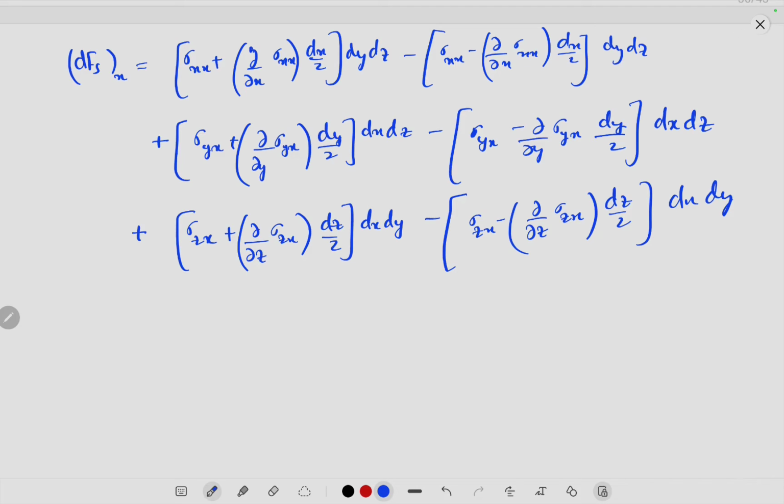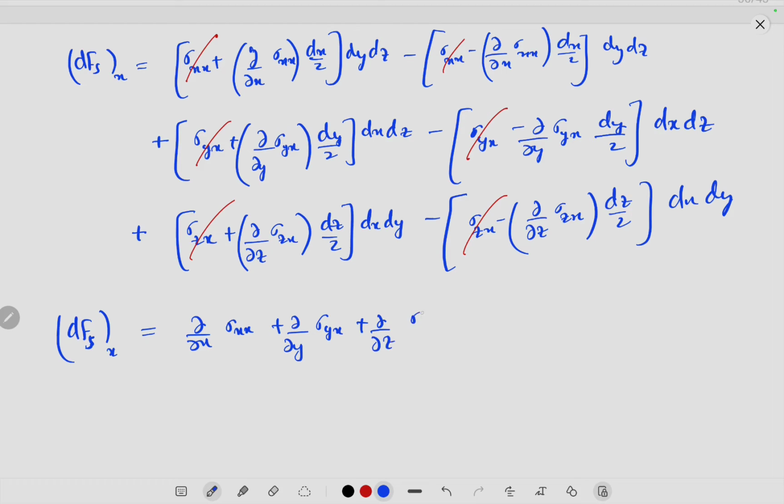All right, now if I simplify this, some terms will get cancelled out. Sigma xx gets cancelled out with sigma xx, sigma yx with sigma yx, sigma zx with sigma zx, and I'll be left with the surface force on this infinitesimal volume element along x-axis, which is del by del x of sigma xx plus del by del y of sigma yx plus del by del z of sigma zx, times dx dy dz.